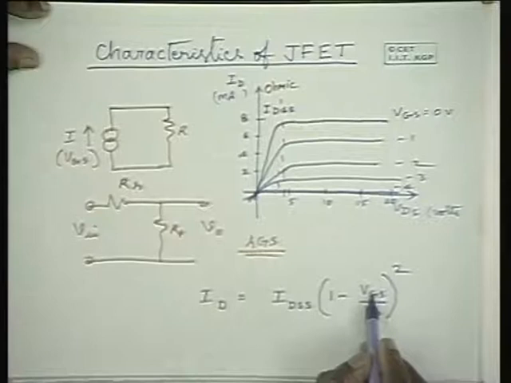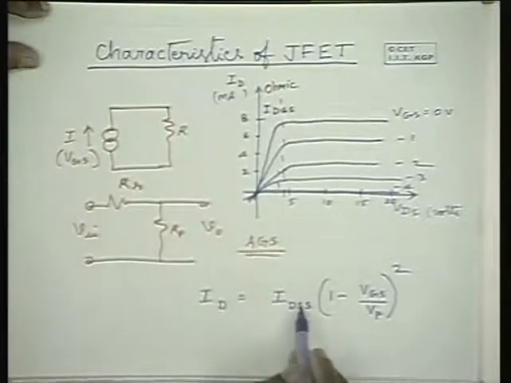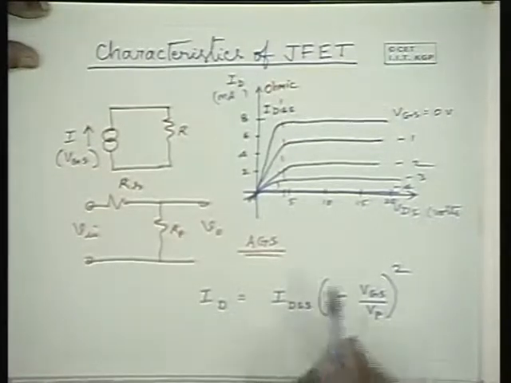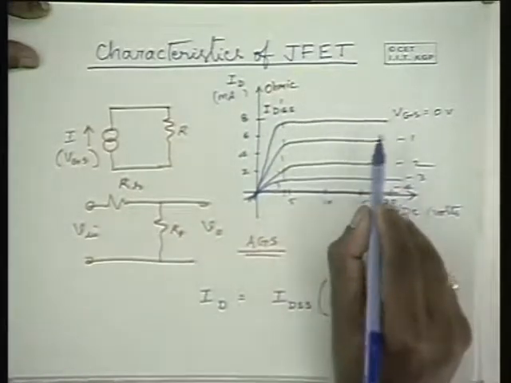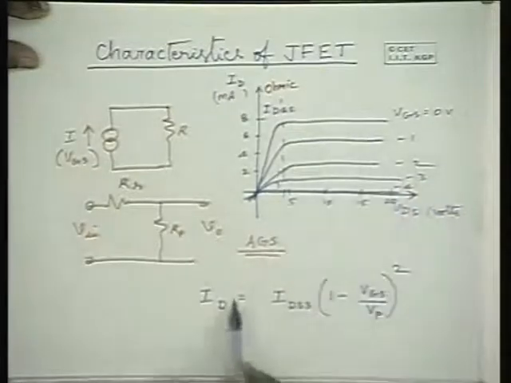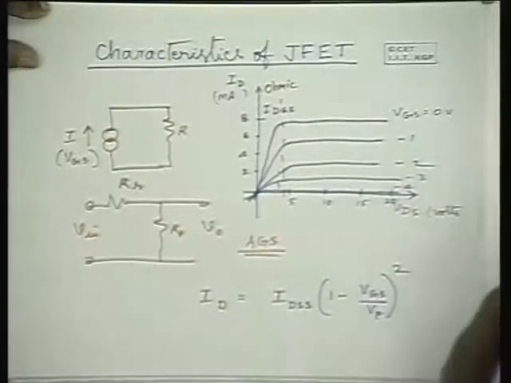When VGS is 0, ID is equal to IDSS. So, that means this current. So, with this current as a parameter, this expression can be written in this form.